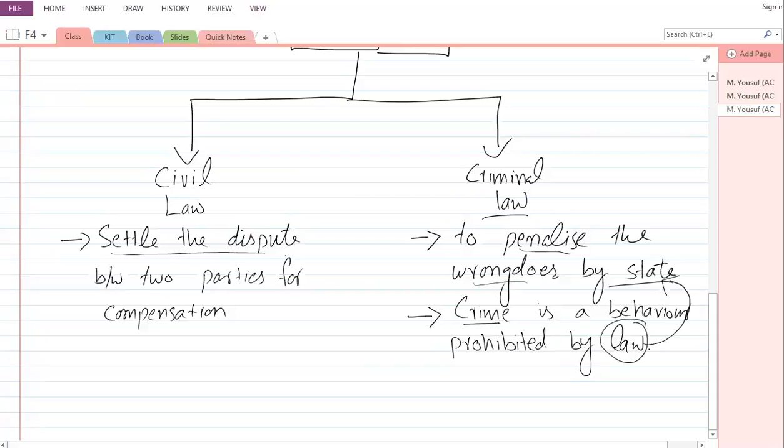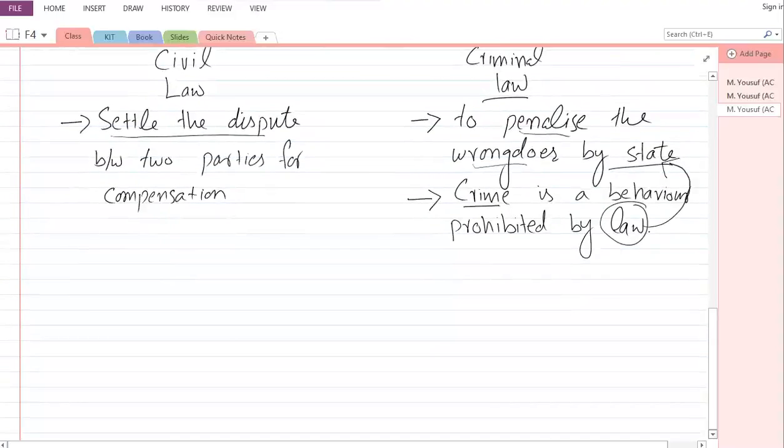So there is a dispute between two parties. There is no state involved. Mr. A has breached the rights of Mr. B, so A will compensate B. This law is called civil law. It is a matter of settlement between the two parties. So this is the difference between civil law and criminal law.